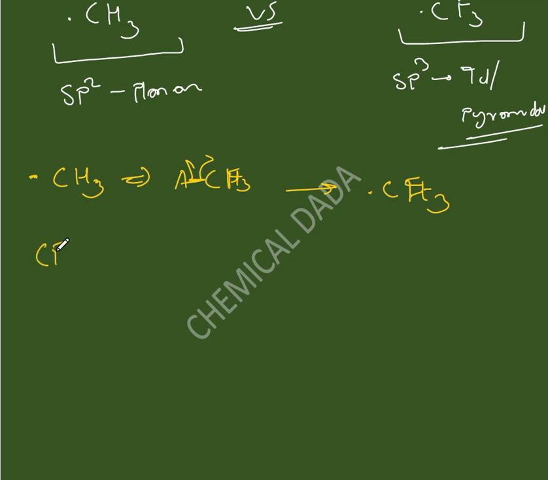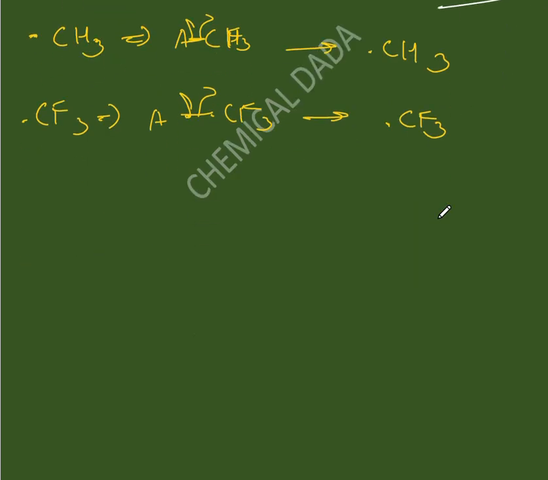Similarly, for the CF3 radical, you had something like this down the corner with two electrons here. You break the bond homogeneously, and again you get the CF3 species. Let's just make it a bit more readable now. CH3. Fine. Okay. Now, how are these formed?